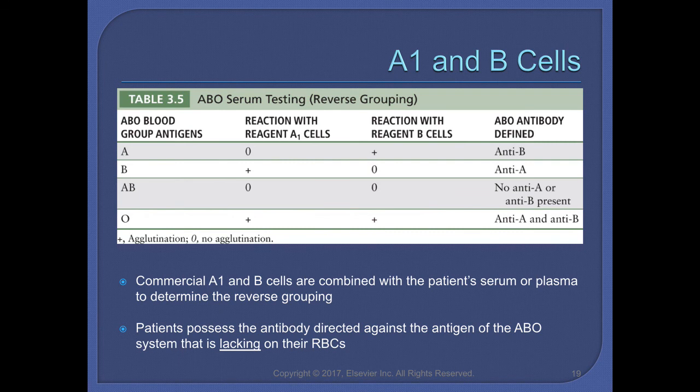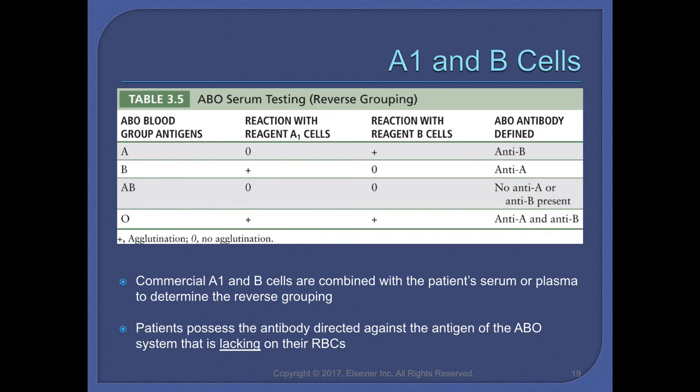That's because group A patients have naturally occurring anti-B, okay? The opposite goes for group B patients, which would have a positive reaction with reagent A1 cells and a negative reaction with reagent B cells because they have naturally occurring anti-A in their serum or plasma.